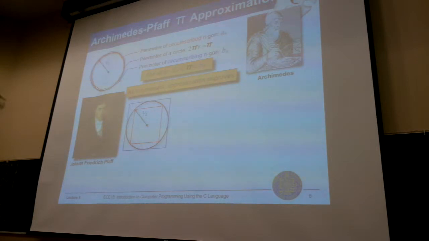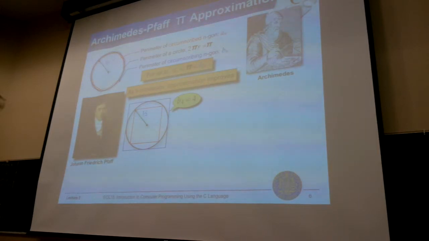So we start off with an initial condition, and that initial condition is a very simple n-gon. It's actually just a square, right, when we have 4 sides. And so we can take a look at this particular case where we have a square that encases our circle and a square that is surrounded by the circle.